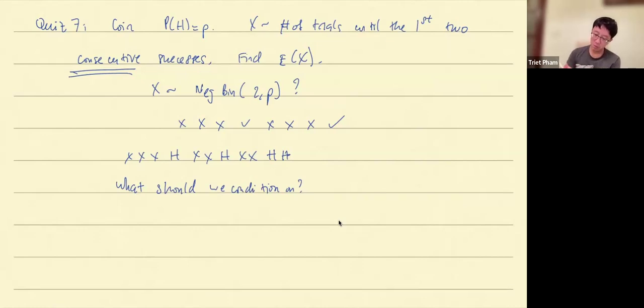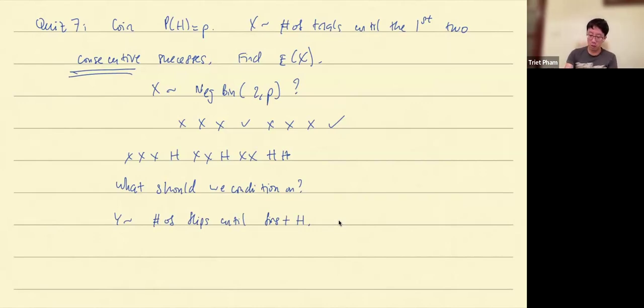The answer is, let Y be the number of flips until the first head. Why is this an appropriate random variable to condition on?